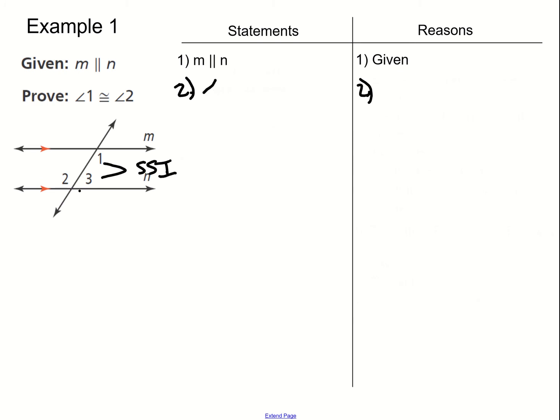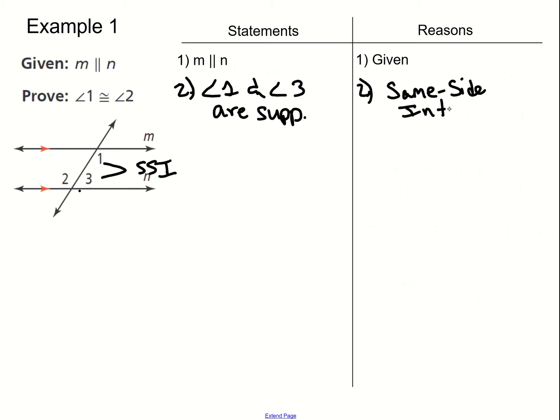So we're going to say that angle 1 and angle 3 are supplementary. And that's given by the same side interior angles postulate. And because they're supplementary, that means that they add up to 180 degrees.